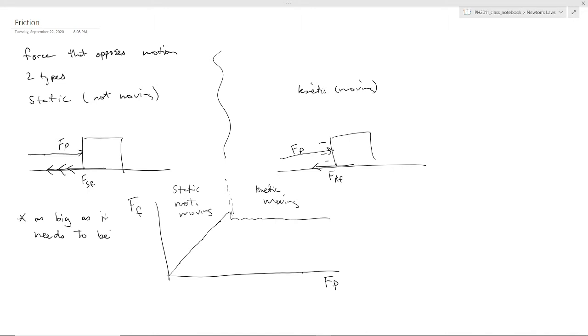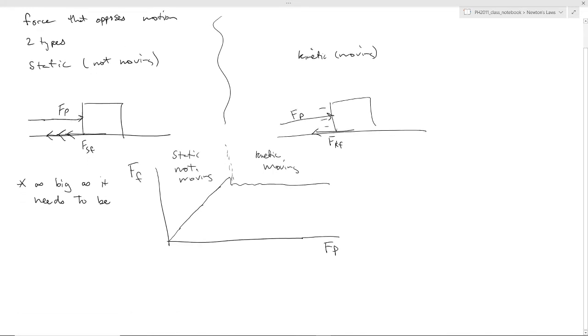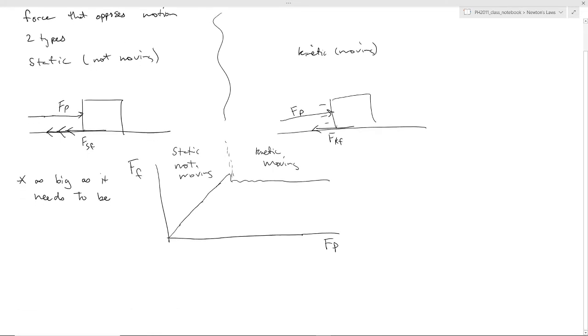And it turns out that there's a really simple relationship between the force of friction and the normal force. And it's this. The force of friction, and I should say this is an empirical relationship, not so much a mathematical relationship. This is something that's been observed. The force of friction is equal to the normal force times a constant.